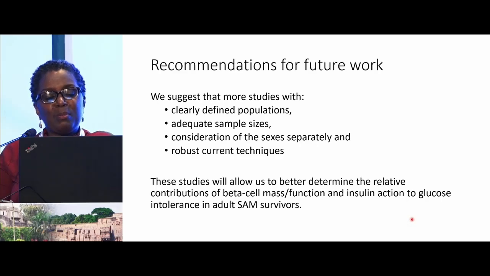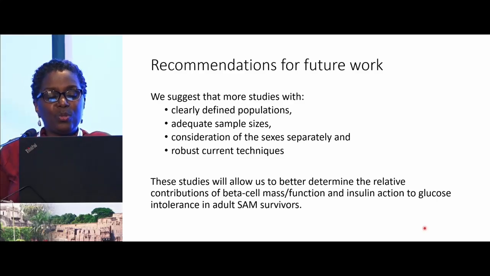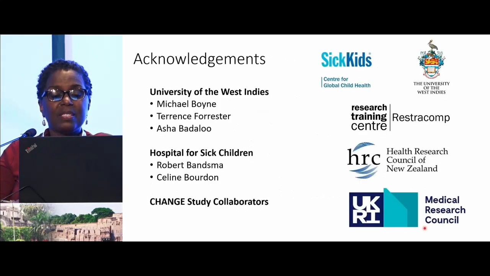These studies will allow us to better determine the relative contributions of beta cell mass and function to insulin action in glucose intolerance in adult SAM survivors.